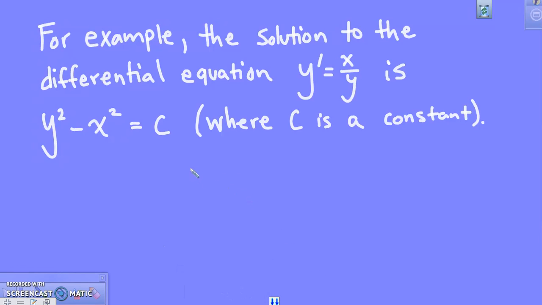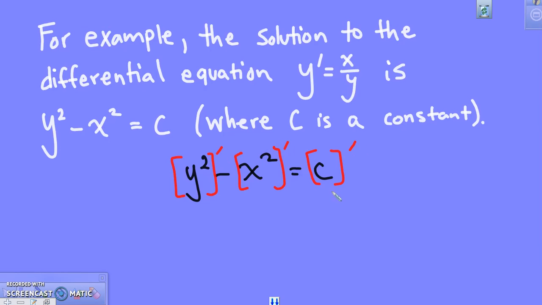And pretty much y squared minus x squared equals c is a solution because when we take the derivative, now that we know implicit differentiation, we're just going to take the derivative here with respect to x, and we're going to do it implicitly.